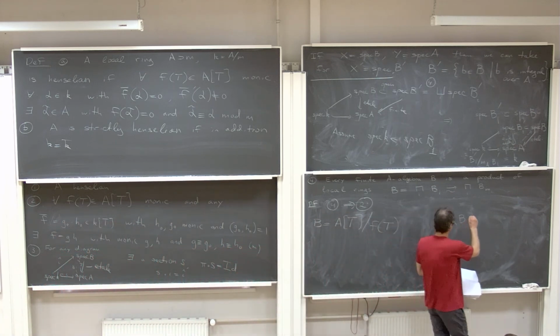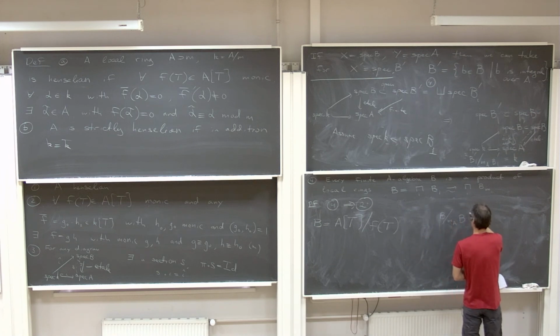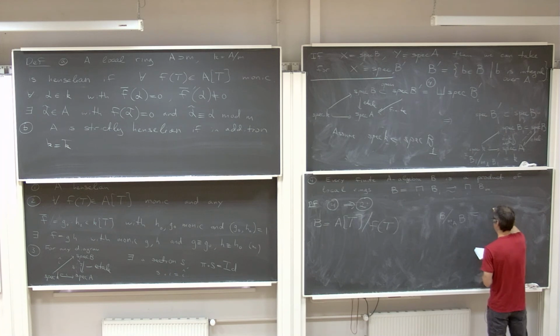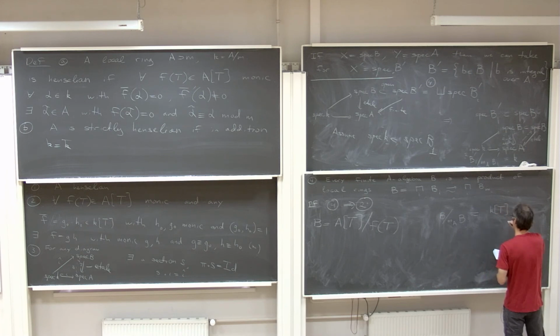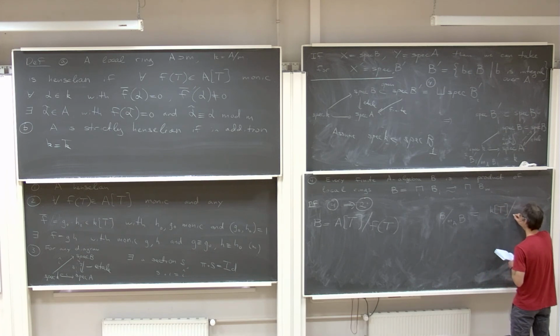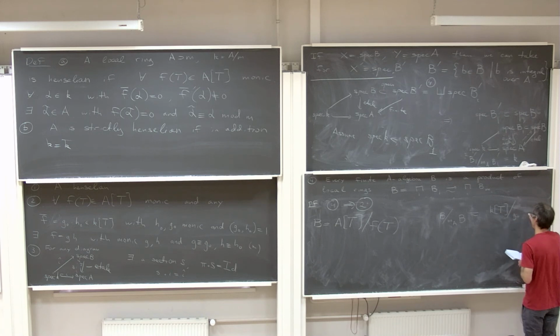So I can write this as a product of k[t] modulo G0 times k[t] modulo H0.